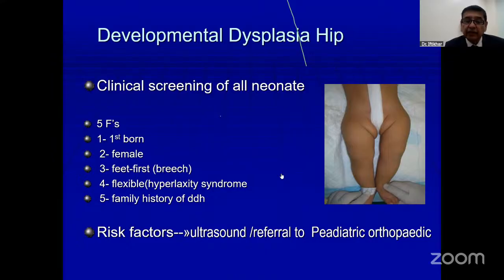The thing is, in those children who have high risk factors, like breech, female, hyperlaxity or a syndromic child, yes, I would say you do it early, because some of these children, not all, but the high risk children, the syndromic ones, are very difficult to treat at a later date.